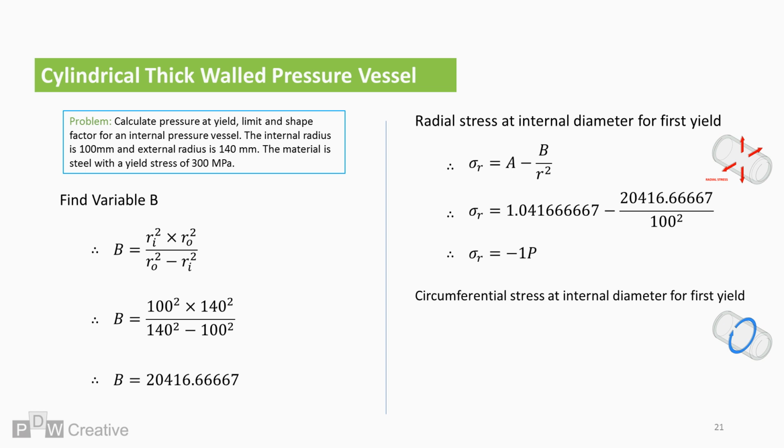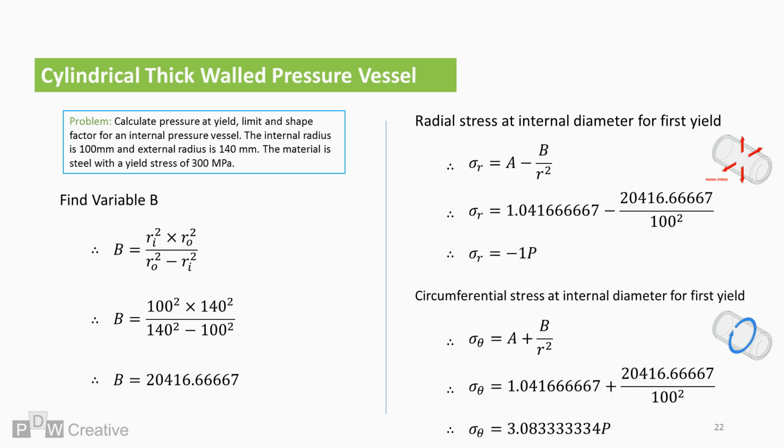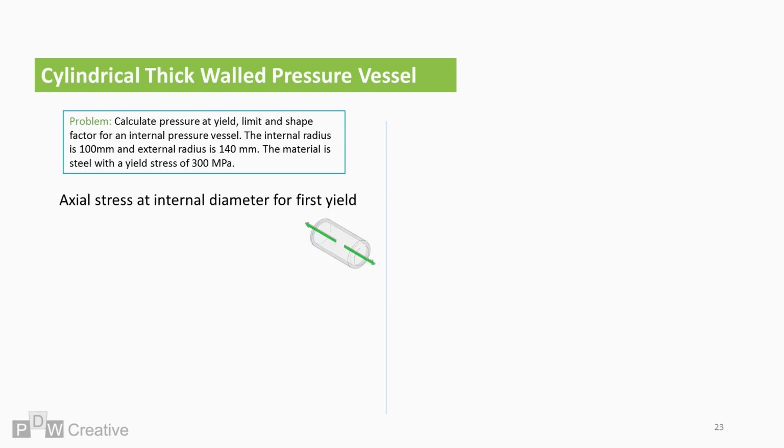Okay, next let's look for circumferential stress at the internal radius for first yield. This is a similar equation, but this time we add constant A instead of deducting it. It seems that much more stress is occurring in this direction, but we need to consider yielding is only just occurring at the internal wall, and we need a final stress type to work out the uniaxial combination for this all to make sense.